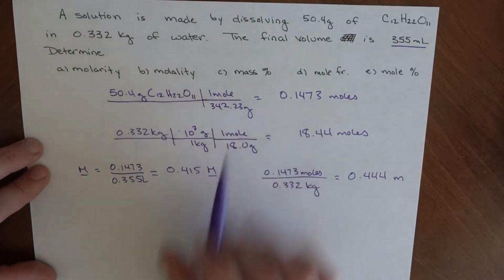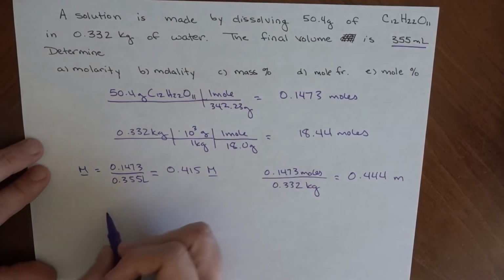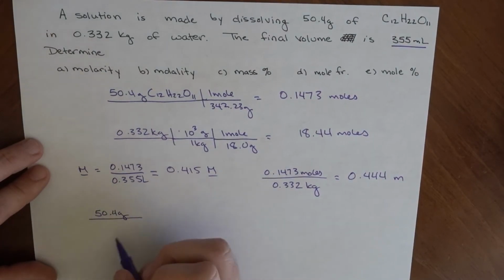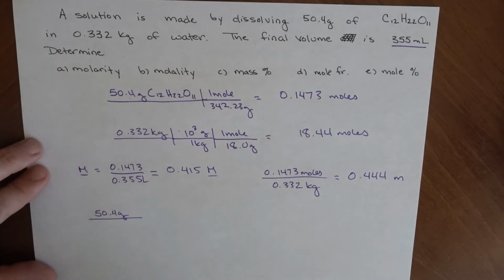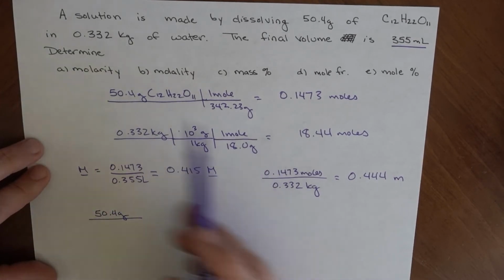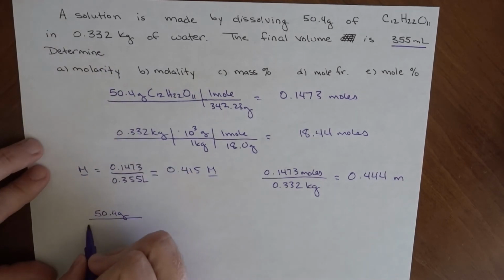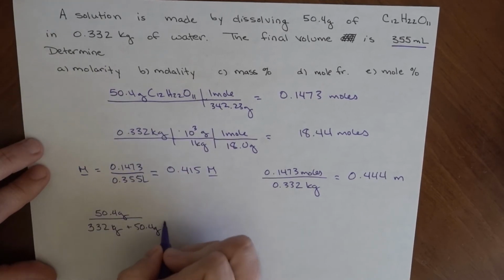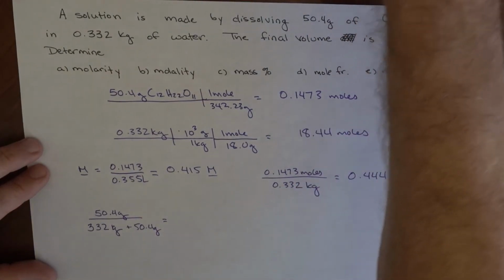The next one that I'm looking for is mass percent. So I've got 50.4 grams of this stuff divided by, let's see, what do I have here? 332 grams, it's that many kilograms plus 50.4, so that's what the whole thing ends up being.